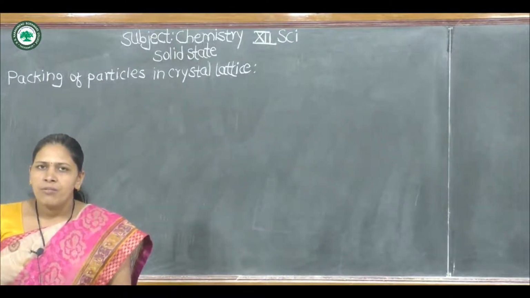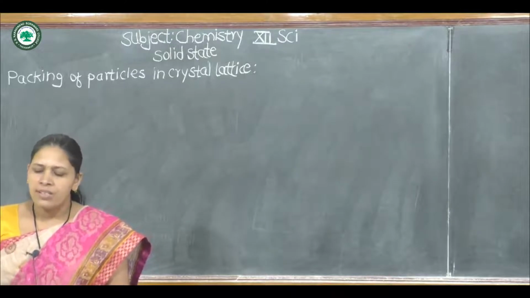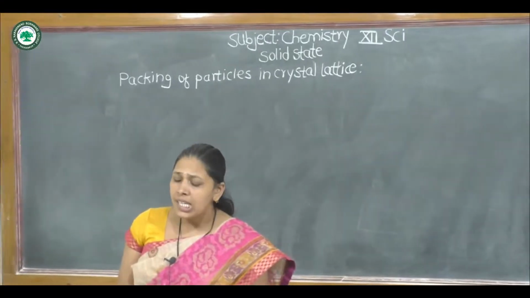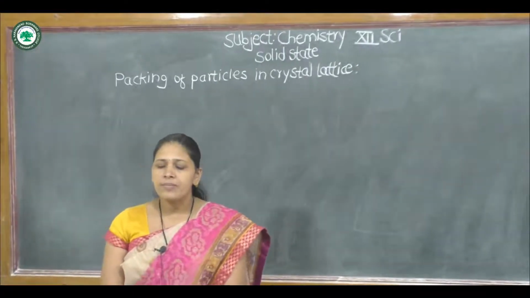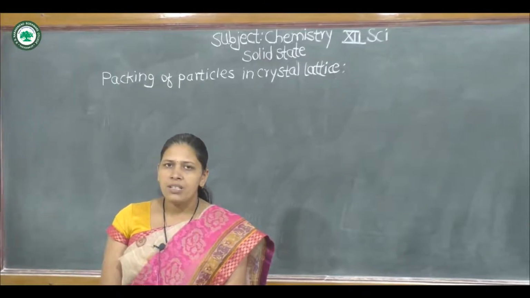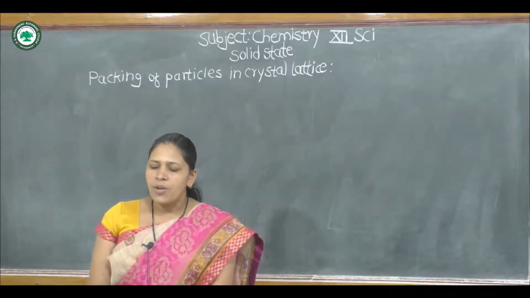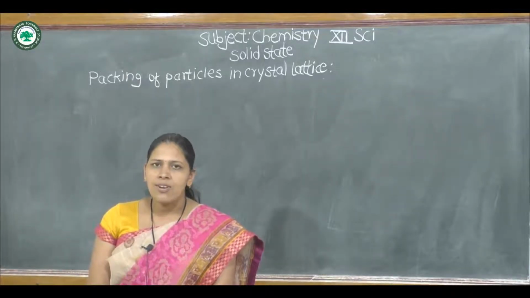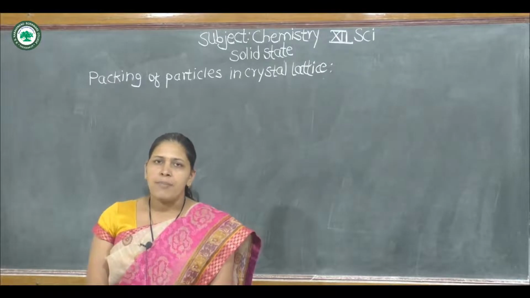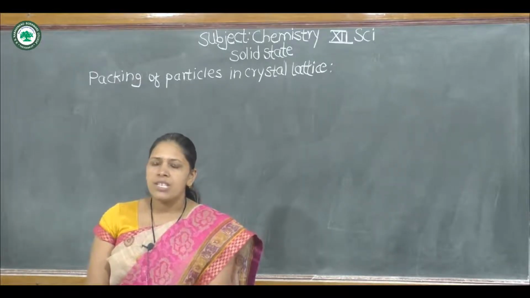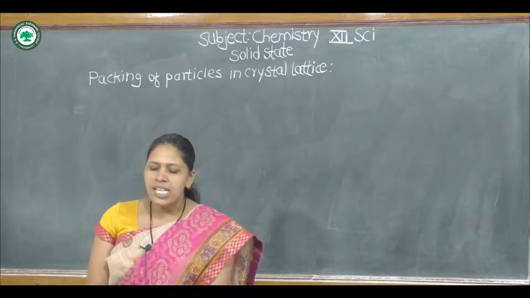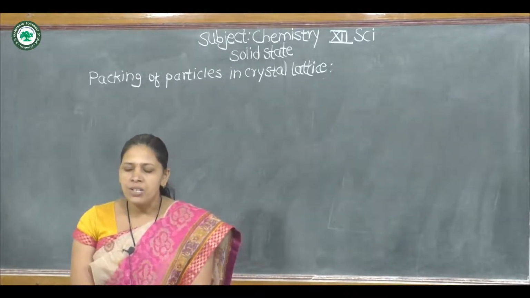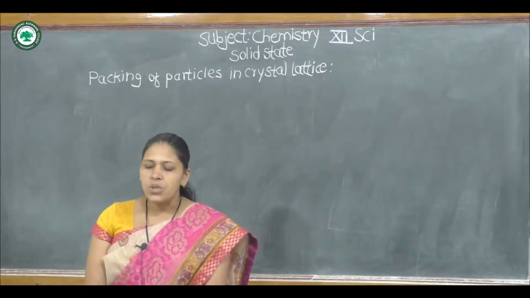What is the coordination number? It is the number of neighboring spheres that touch any given sphere. The magnitude of the coordination number is a measure of the compactness of spheres in close packing. The larger the coordination number, the closer the spheres are to each other.